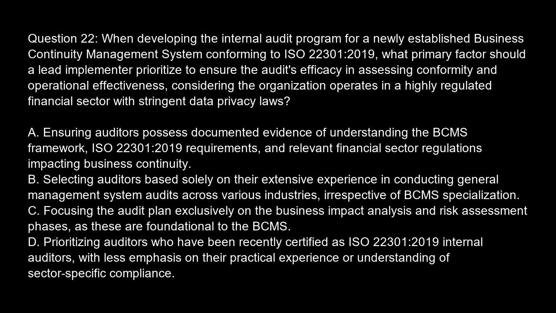Option C. Focusing the audit plan exclusively on the business impact analysis and risk assessment phases, as these are foundational to the BCMS. Option D. Prioritizing auditors who have been recently certified as ISO 22301-2019 internal auditors, with less emphasis on their practical experience or understanding of sector-specific compliance.